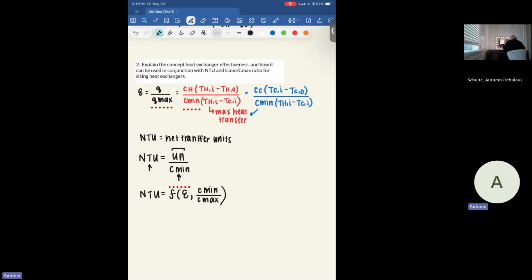And so this comes into play a lot when you're trying to size your heat exchanger based on your process. So this would deal with your different process parameters that you need to follow, what sort of expectations you want from your heat exchanger. This is very useful for that.